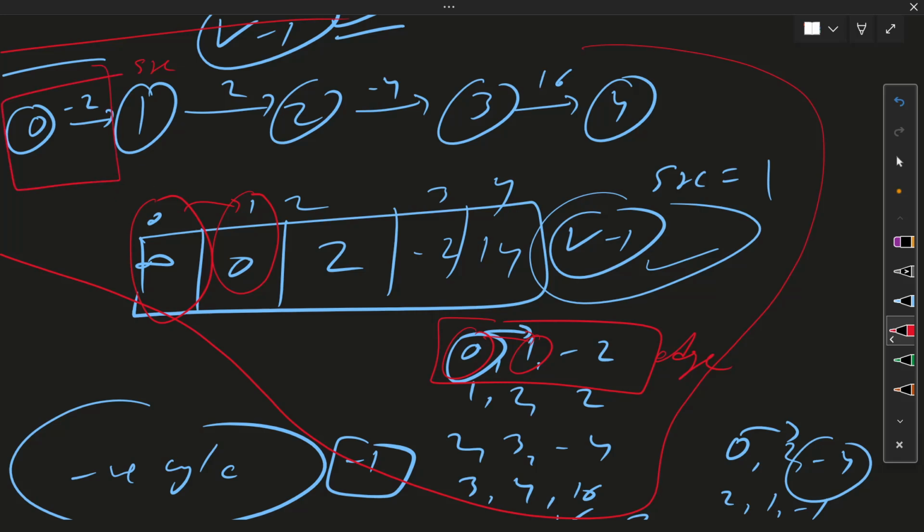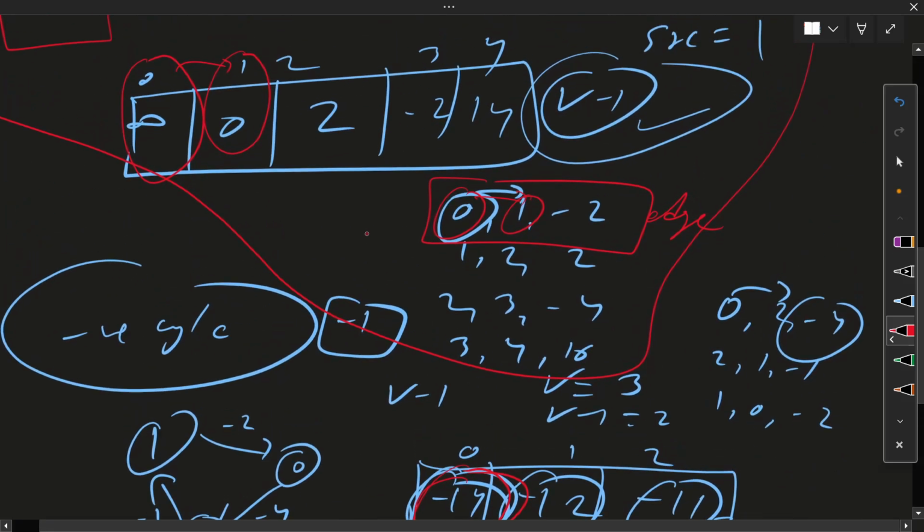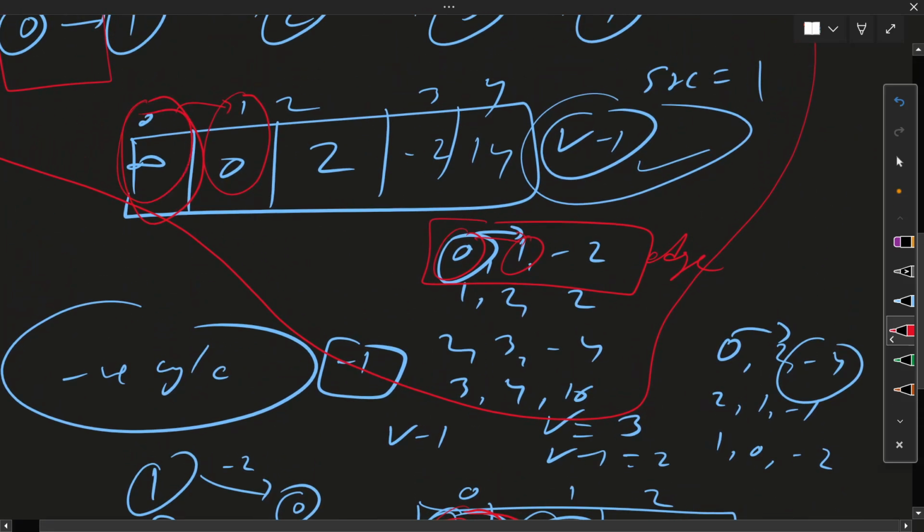So it is a valid graph, no negative cycle is there, and it will just work fine. We will only compare it if the value is present from u to v. If there's a value present at the answer of u, only then will we check for a cycle. In this case we have infinity or 10 raised to power 8, we will not check it.